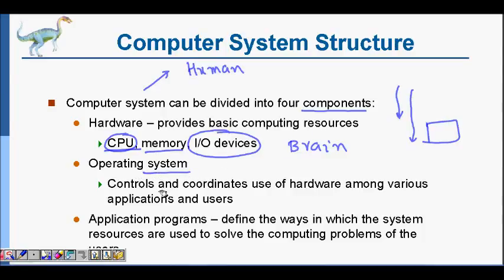Operating system controls and coordinates the use of hardware among the applications. Let's say you are using a computer and you are playing some song, you are also running some very long C code, so everything is happening in parallel.